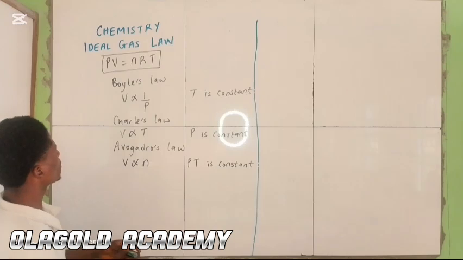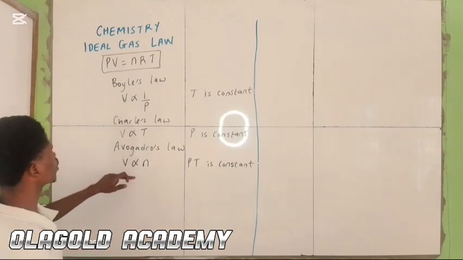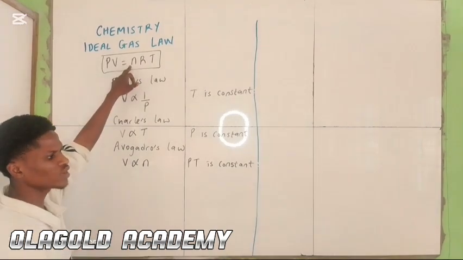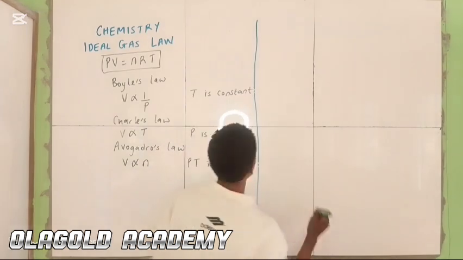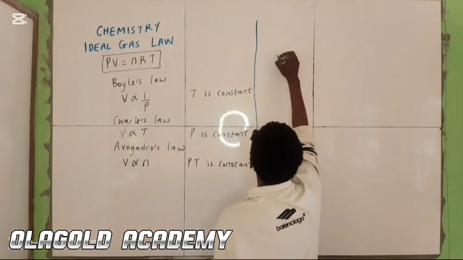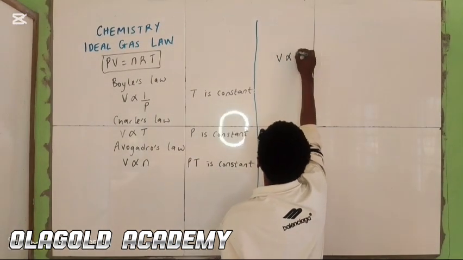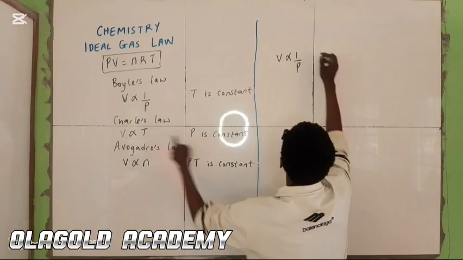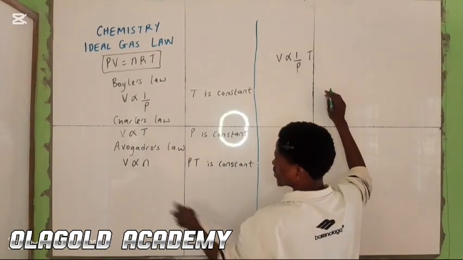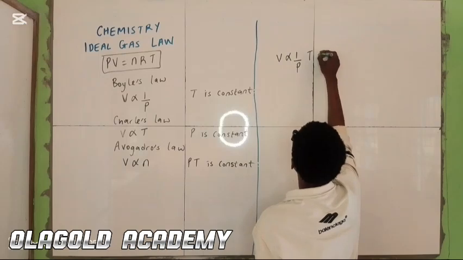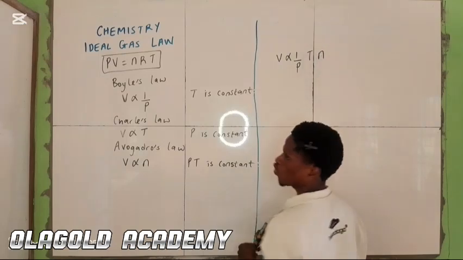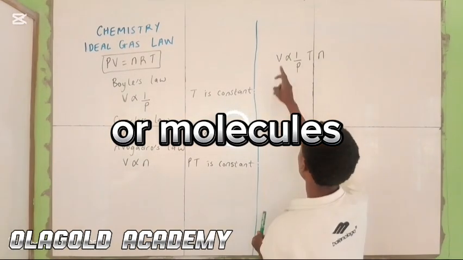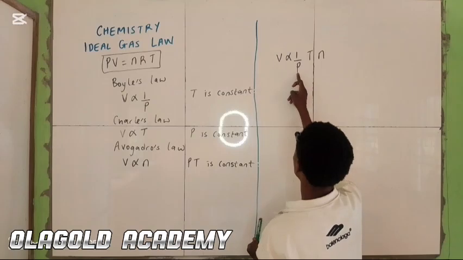Now, from the combination of these three laws, we get the ideal gas law. Volume is inverse to pressure.